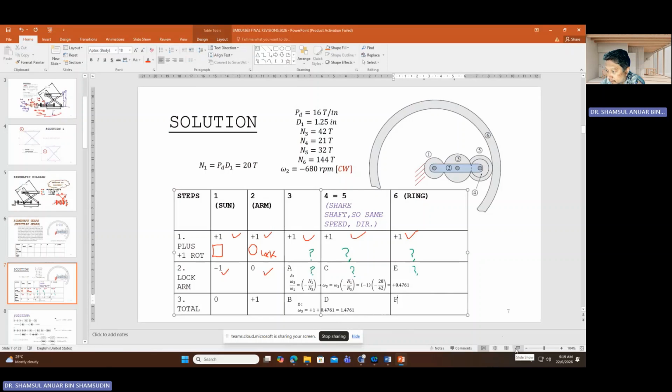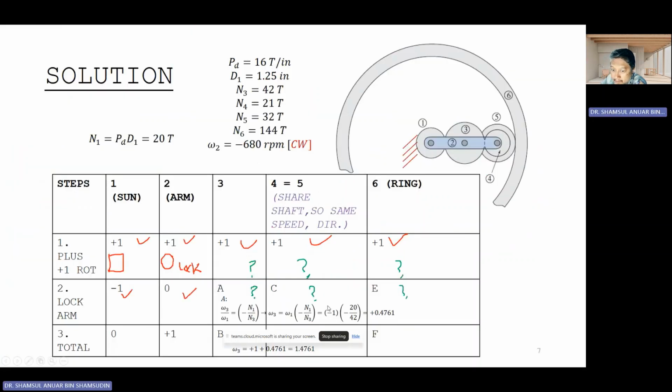Yeah, okay, let's try to go back here. So this is from the method presented in the class. For the first step, we give either a plus or minus. In this case, a plus. So all the gears and also the arm or carrier will be given a plus 1.